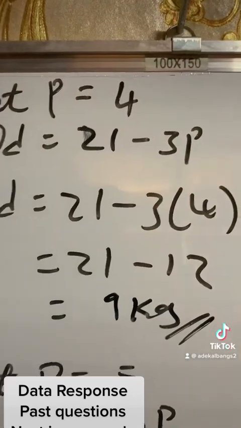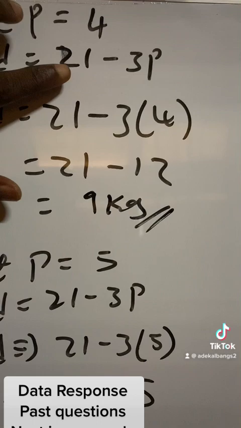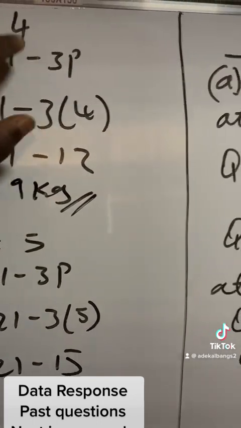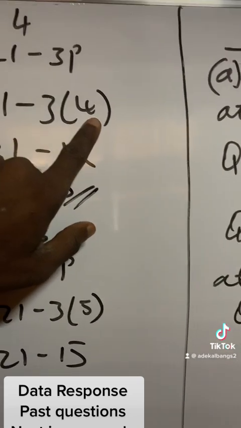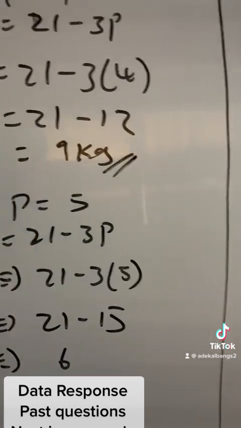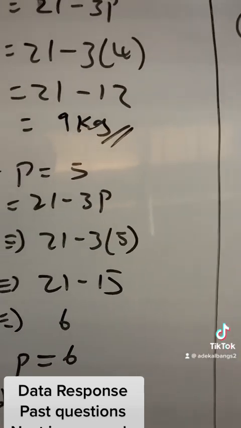When the price increases to 4, quantity demanded is 21 minus 3 into, you replace p by 4, and you have now 21 minus 3 times 4 is 12. 21 minus 12 is 9 kilograms. At p equals to 5, the price increased to 5.